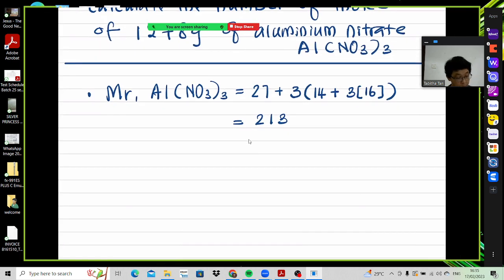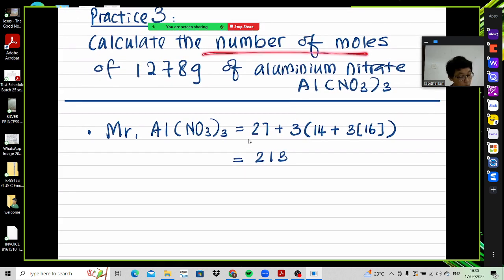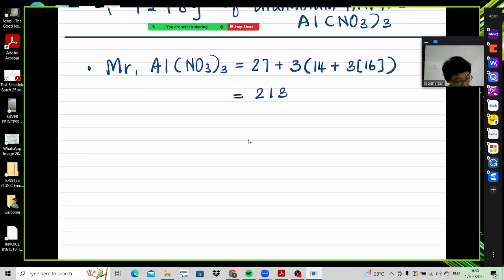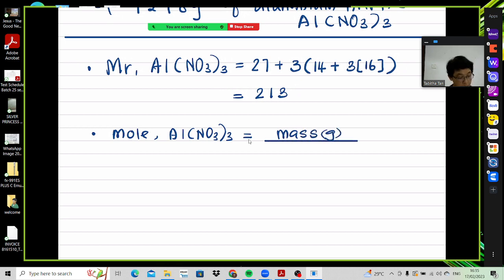So now, in order to calculate the number of moles, again bring up that moles formula. It is super helpful to internalize the formula. So let's put it in there. The number of moles of this will be what? Mass. Practice one more time. We're going to write it many times until you internalize the information.